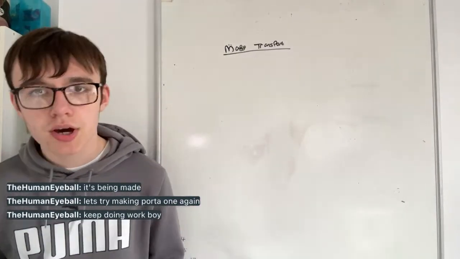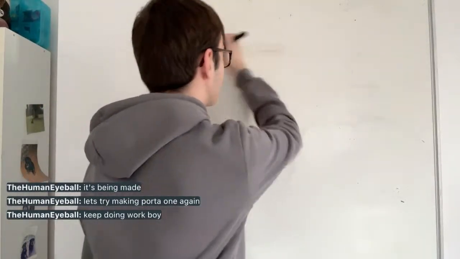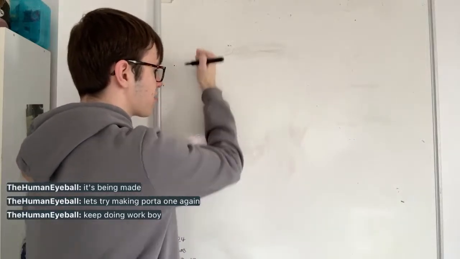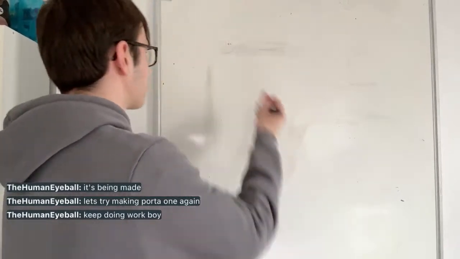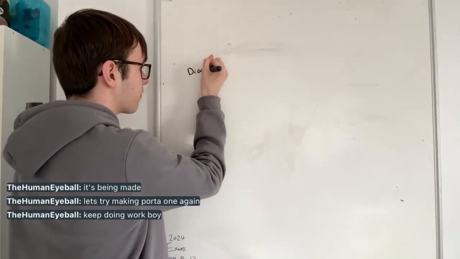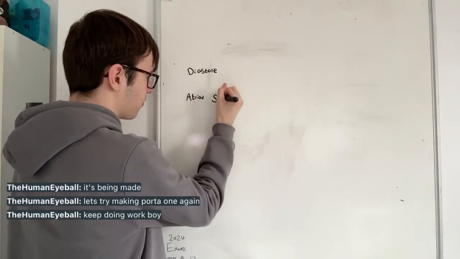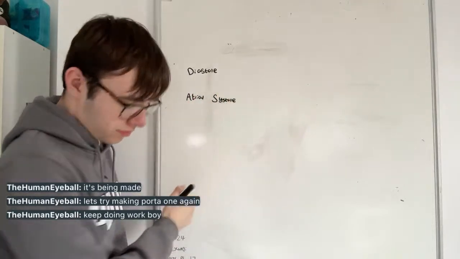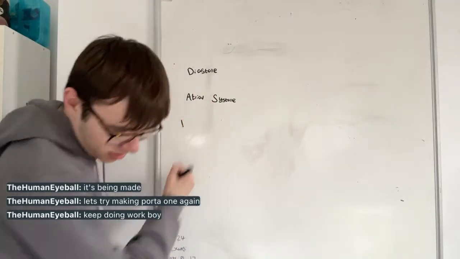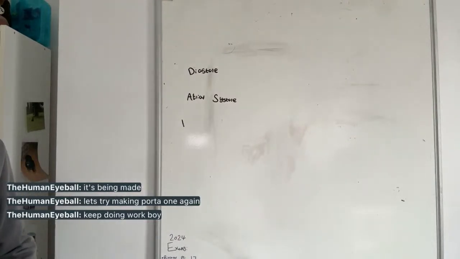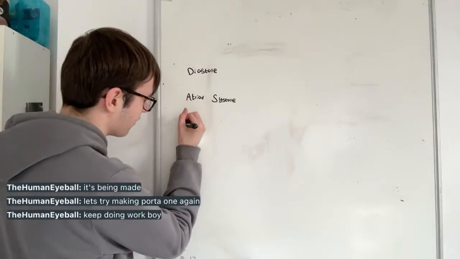Okay, let's quickly go over diastole and systole. This should be easy because I've literally just gone over it, so let's try and remember. Diastole, atrial systole, and ventricular, I always call it ventric, but I think it's ventricular.